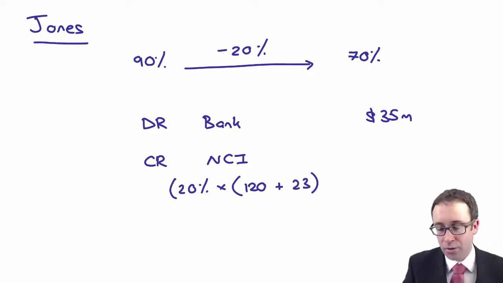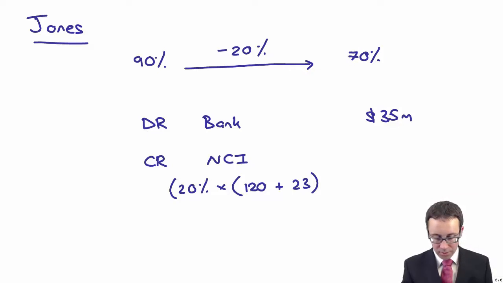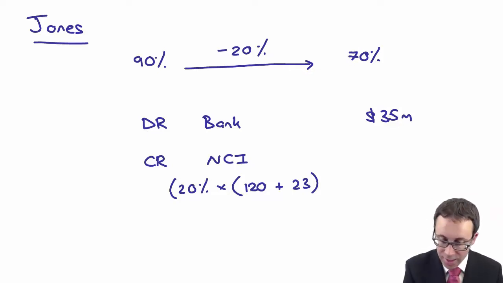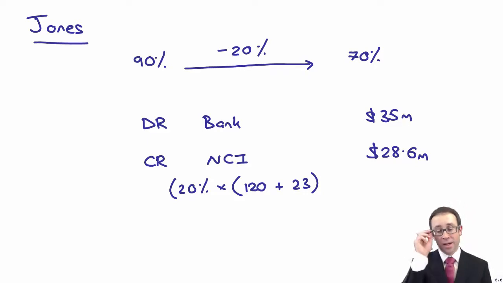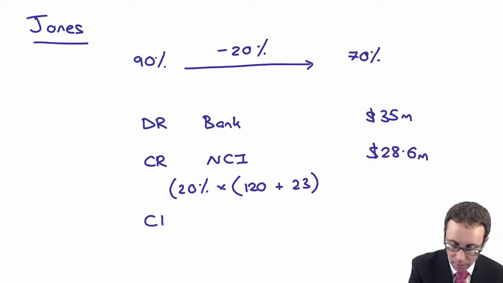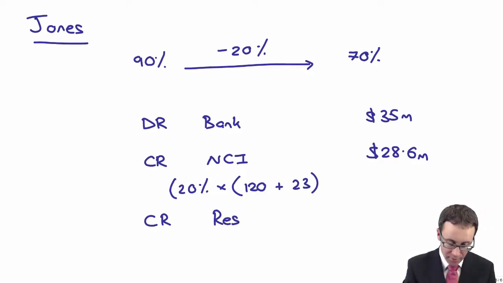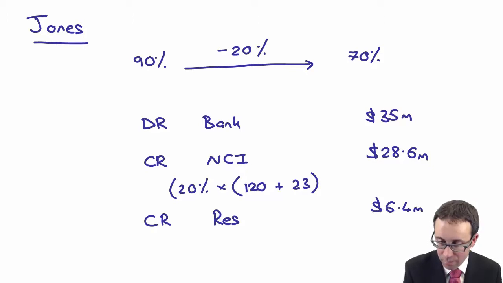So if you tap that into your calculator, 120 plus 23 is 143. 20% of that gives me 28.6 million. Okay. So you need to take 20% of the value of the subsidiary, which is the net assets plus the goodwill. I then throw in my credit to reserves as the balancing figure. Is that there as 6.4 million.